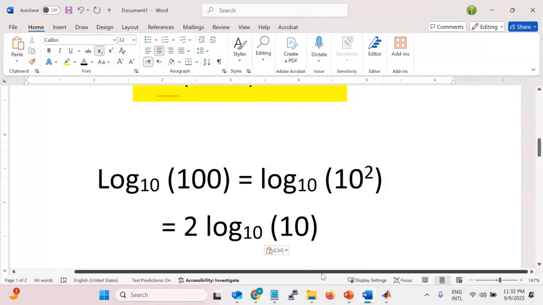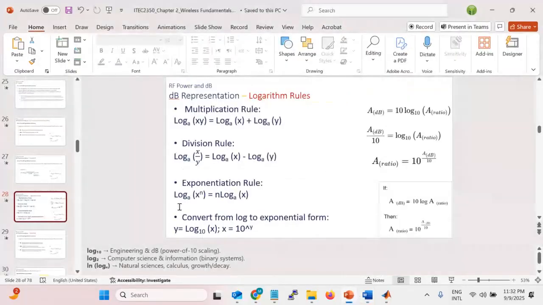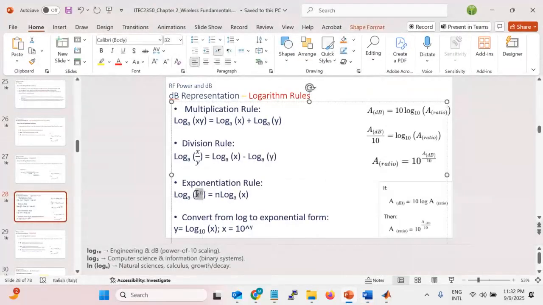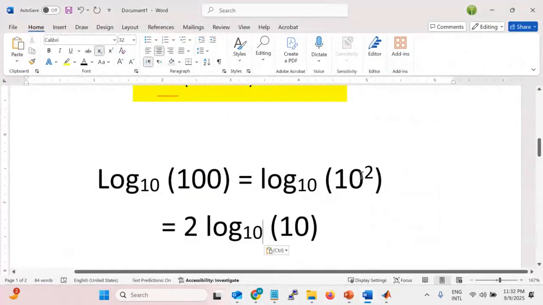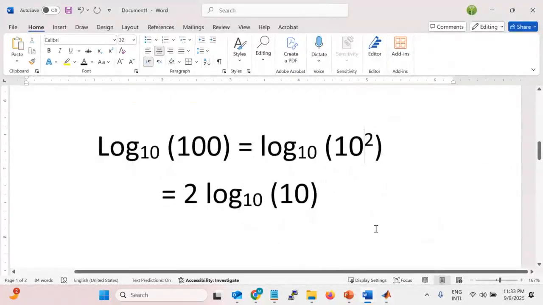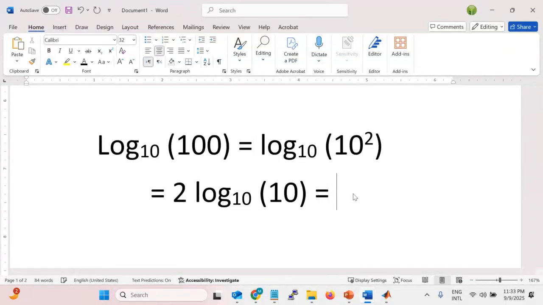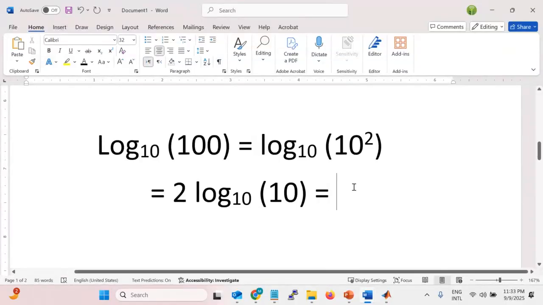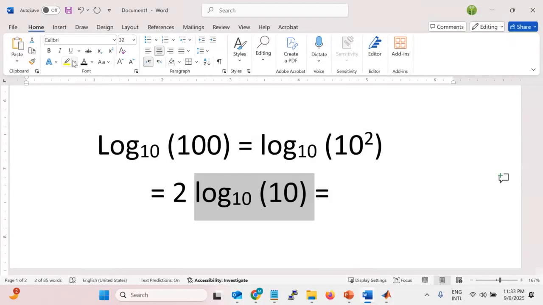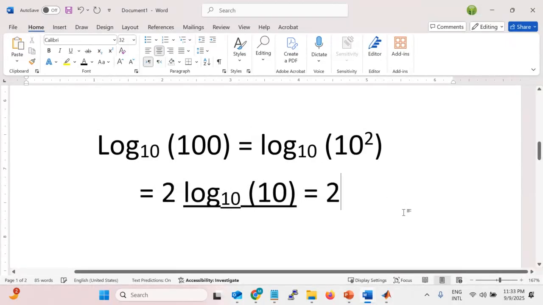Why 2 log 10? Because the rule says log of x power n equals n log of x. So log of 10 power 2 equals 2 log 10. And how much does log of 10 equal? It equals 1. Log of 10 equals 1. So this will equal 2.